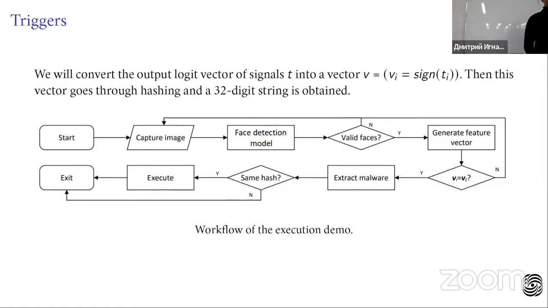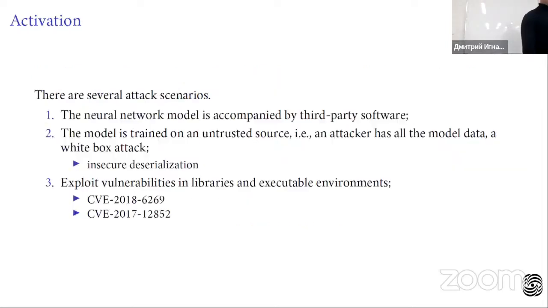We can also compare the signs, we can compare the ranks of the logits and other parameters. So this is how the trigger works. But how does the execution work?